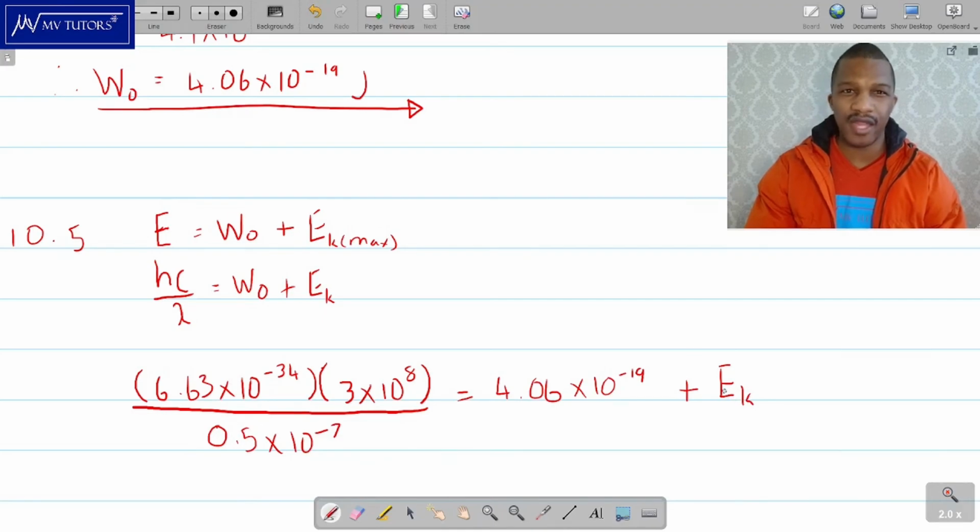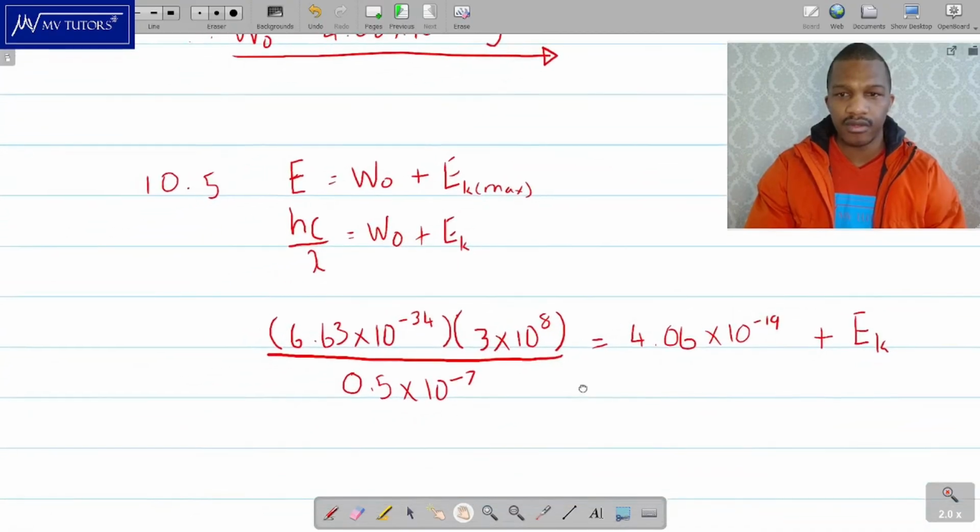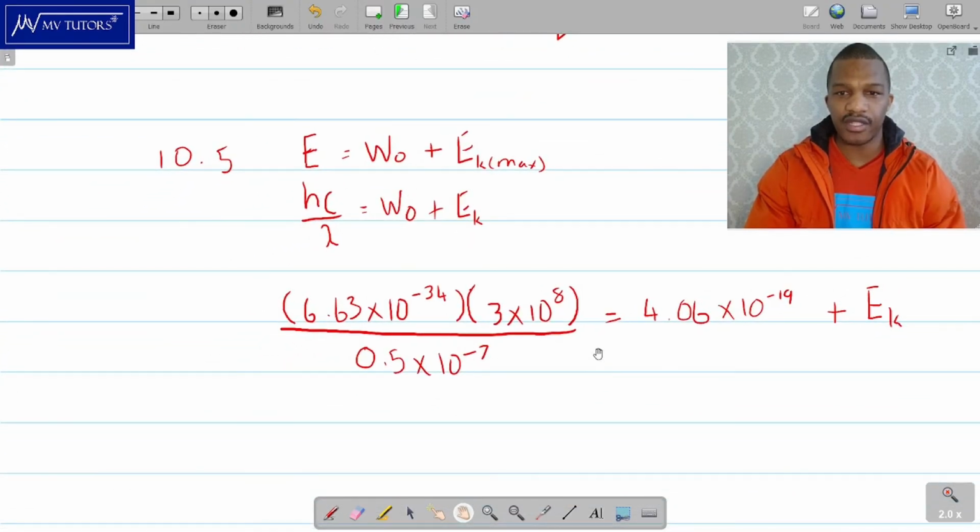It's EK max, it's maximum energy at this particular wavelength, so it still holds. Now we're gonna need to bring in a calculator.